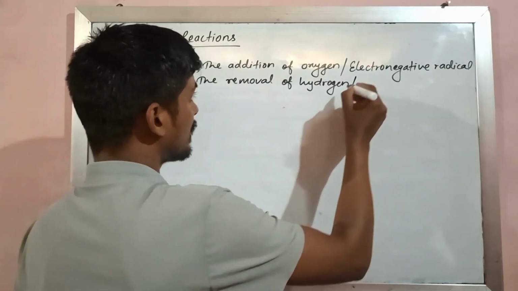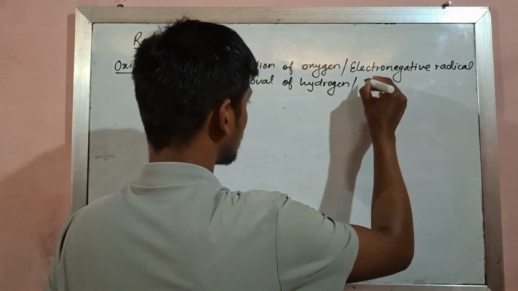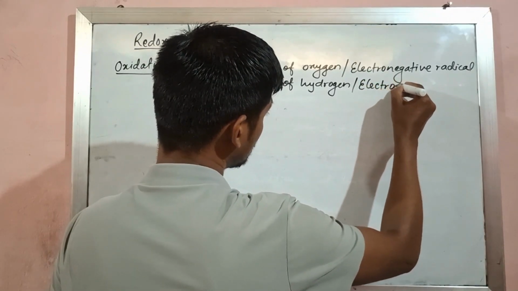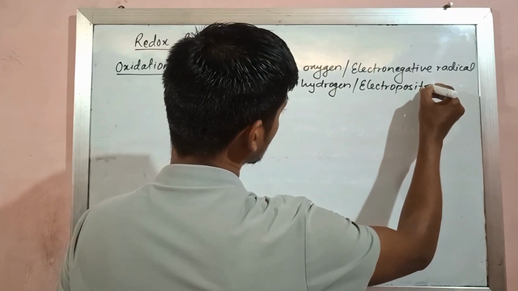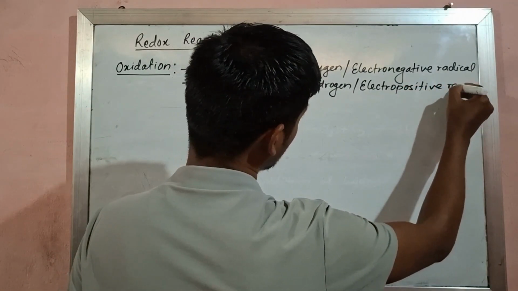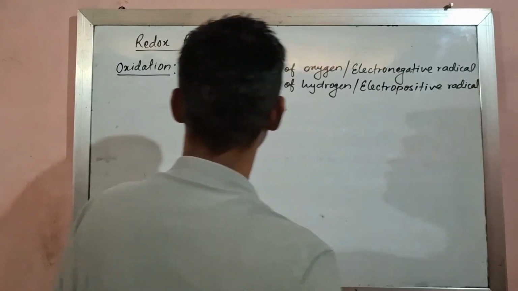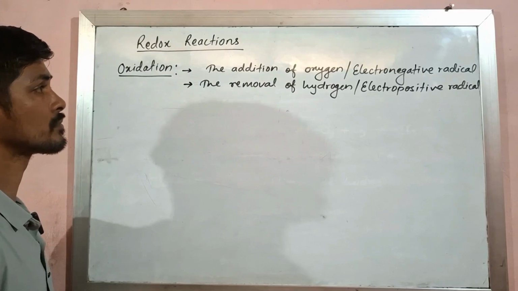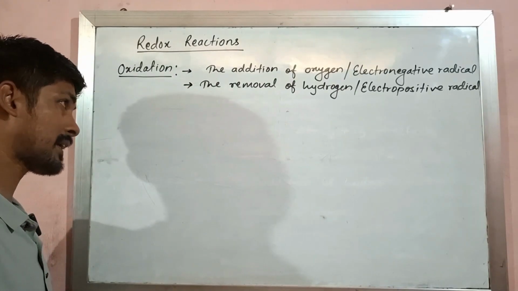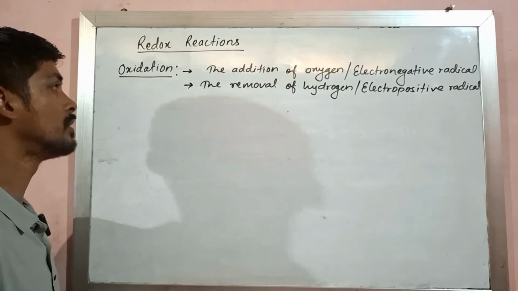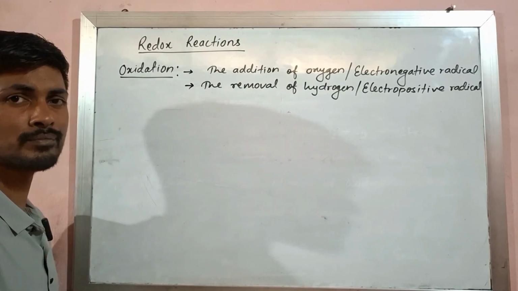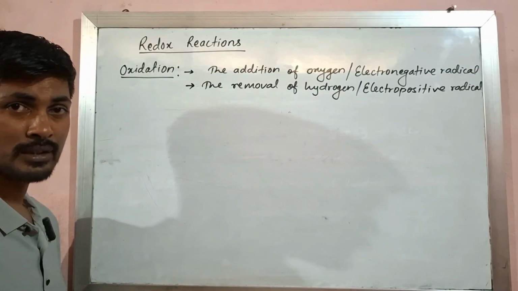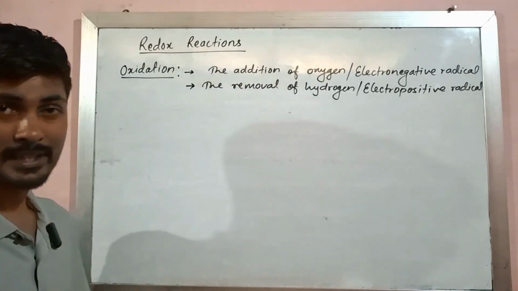So if an electropositive radical is removed, then also it is called oxidation. Either addition of electronegative radical, or removal of hydrogen, or any other electropositive radical is known as oxidation.